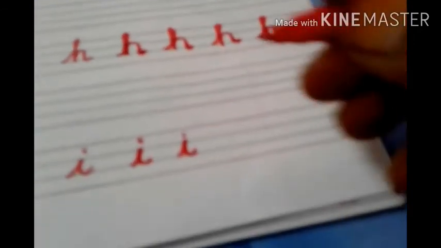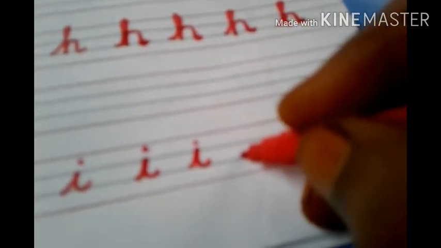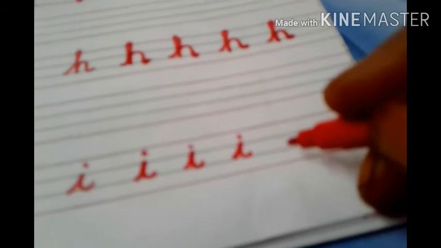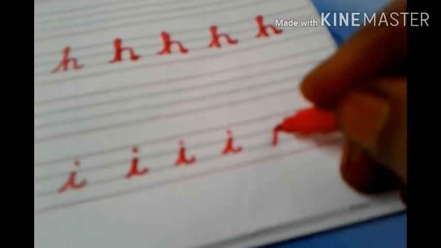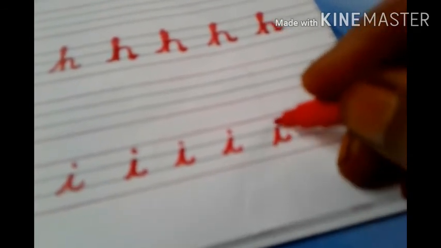Now once again you will see, place your pencil on the third line, go up to the second line, come down to the third line, make a small curve, put a dot over here. This will make letter I.